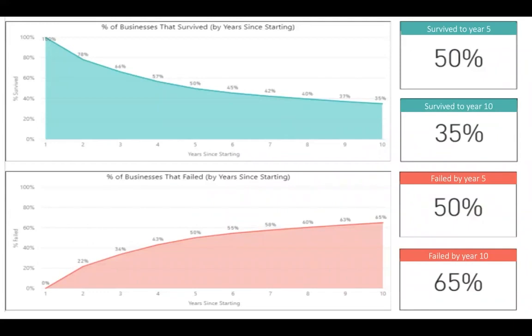The Growth Accelerator gap analysis targets improvement of sustainability. If we look at some of the data that's available on businesses and how they survive, we see that 50% of businesses fail by year 5 and 65% fail by year 10. So looking at the ones that have succeeded, what can we learn from those?